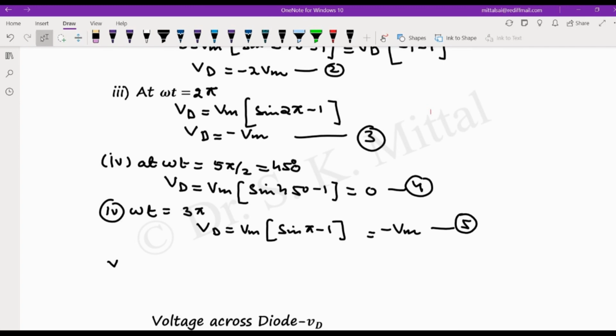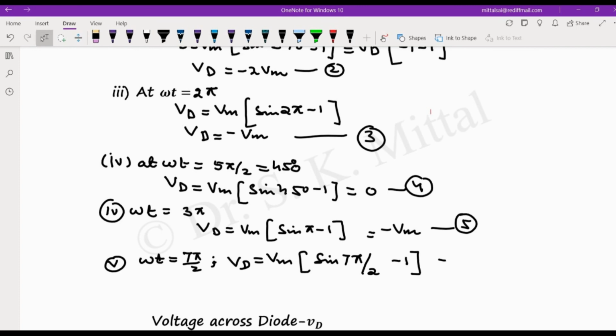Now next point we can consider is omega t is equal to 7 pi by 2, then Vd is equal to Vm sine 7 pi by 2 minus 1, and then the value is minus 2 Vm.